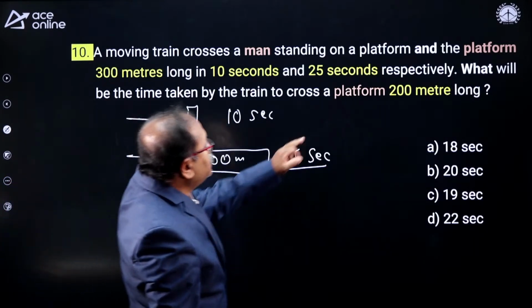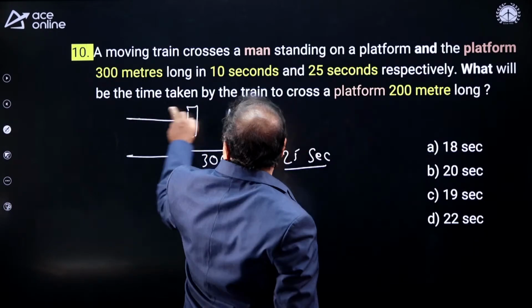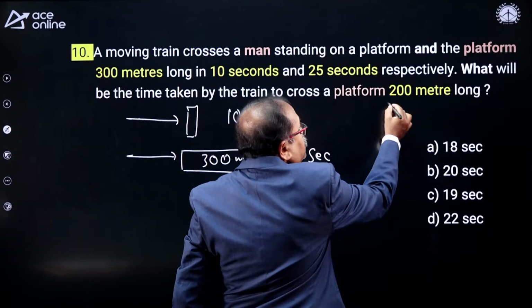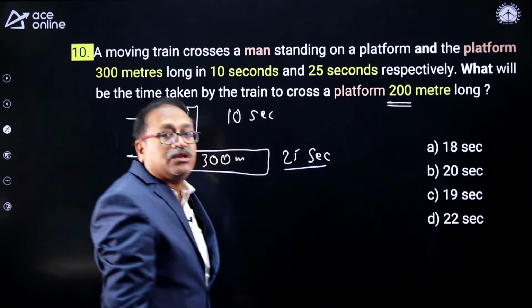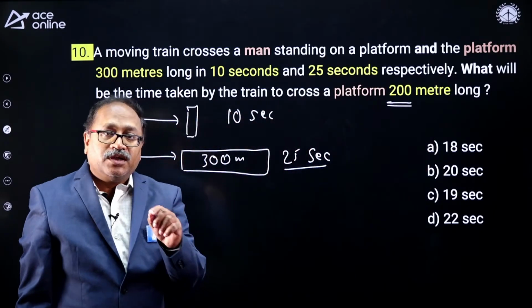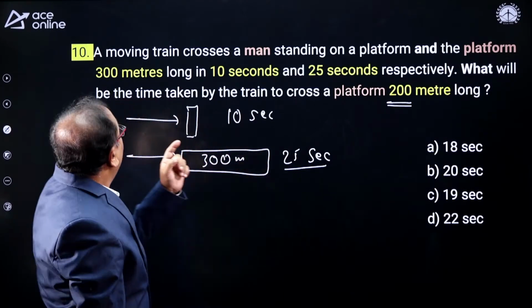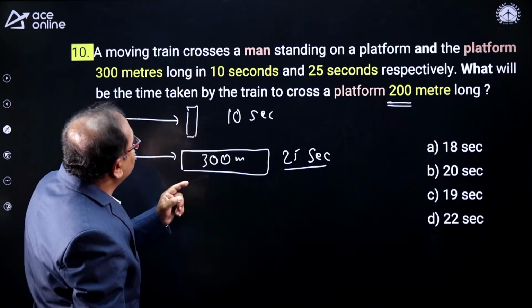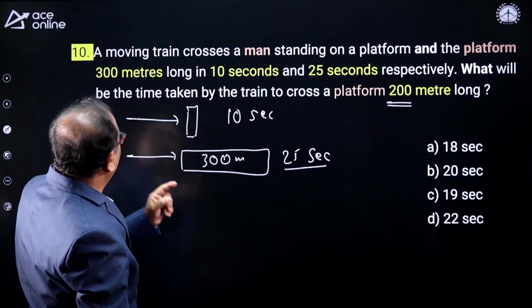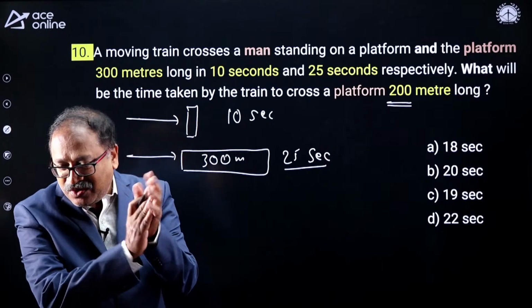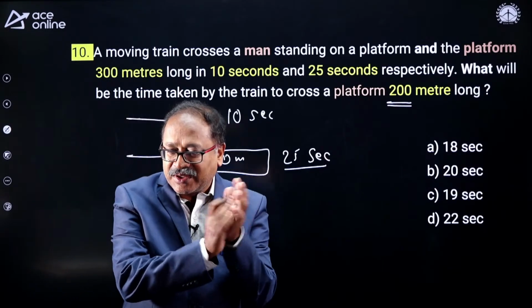Now, it is asked how much time it will take to cross a platform which is 200 meters. For that, I need to know the length of the train, and also the speed. Is the speed given to us? No. How do we get it? Aman, I'm sure you will be able to answer the question. Come on.